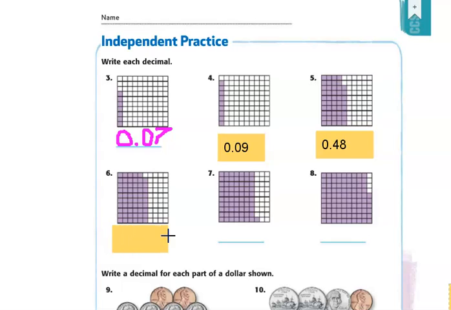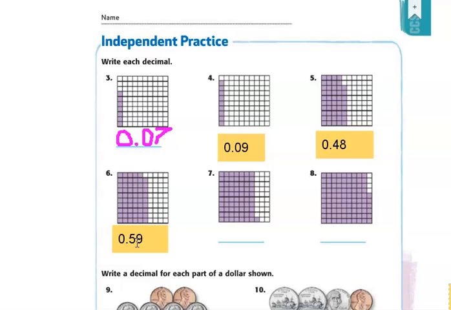Now looking at this problem, I have no wholes, so I still have 0 point. I have 1, 2, 3, 4, 5 full rows shaded. And I know there is 10 in this row and there is 1 less, so 1 less than 10 is 9. So that would be 9 hundredths. We could read this 59 hundredths.